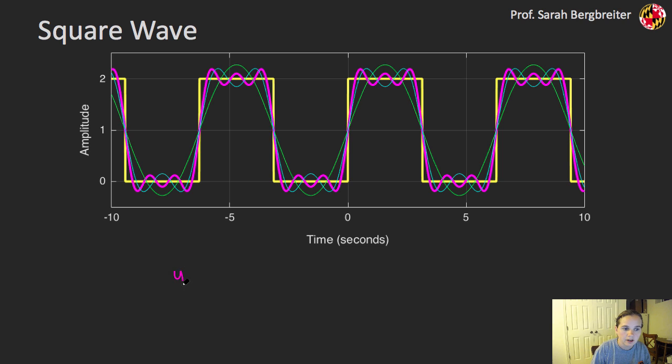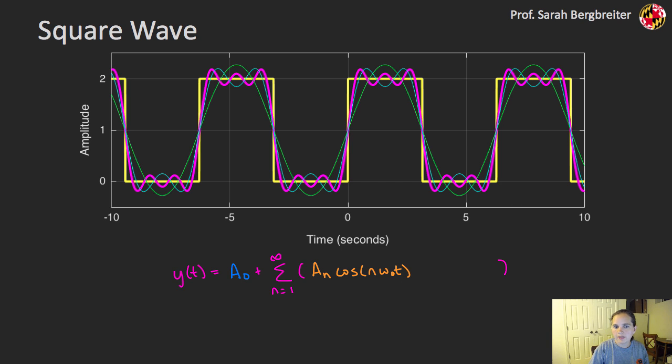So in this case, my y of t is going to be equal to that constant term, a naught, plus an infinite sum. So I'm going to go from n equals 1 to infinity. And then I'll have my cosine terms, and I use a coefficients for those, so a sub n, and then cosine n omega naught t here.